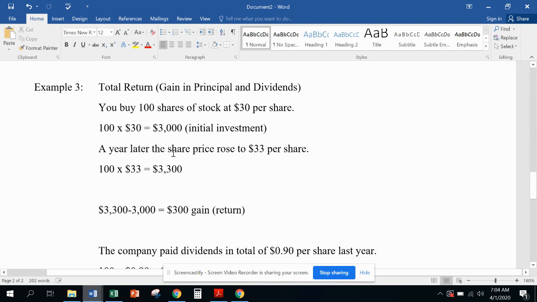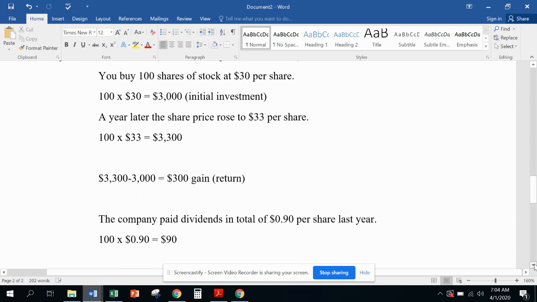A year later, the share price rose to $33 per share. $33 times the 100 shares that we have, that means our investment is now worth $3,300. So the capital appreciation, or the gain in principal, what we can sell it for now, $3,300, minus what we paid for it, $3,000, means we had a $300 gain.